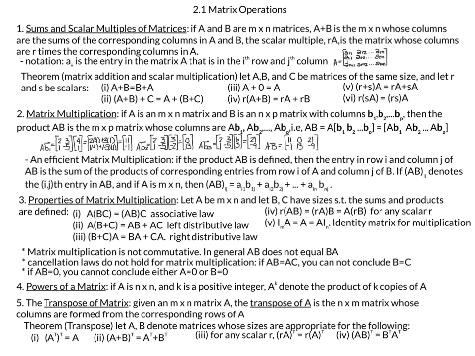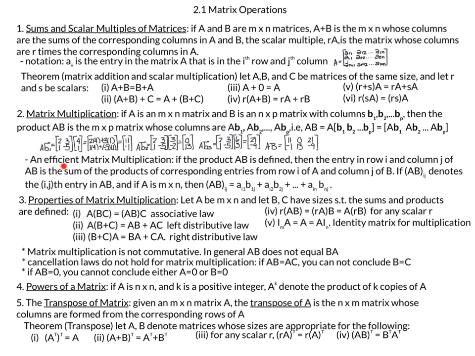Then we defined matrix multiplication. So if A is M by N and B is N by P, in other words, the number of rows in B has to match the number of columns in A for matrix multiplication to be defined. Then we defined A times B as matrix A times the column vectors of B. This definition of matrix multiplication was nice to give us different insights and also nice for proofs.